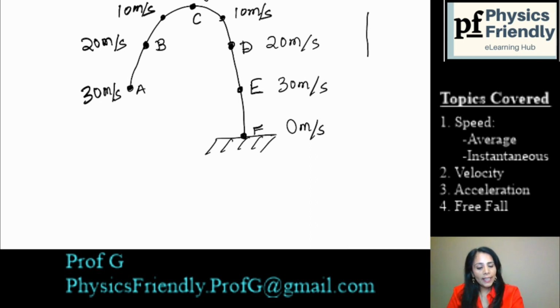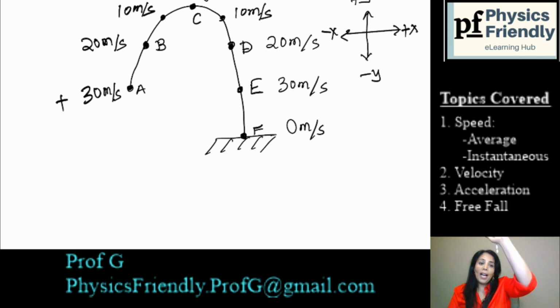Universal understanding: anything which is moving up is moving in positive y direction, right? Negative y, positive x, negative x. That's the universal understanding, and that's what we're going to go with. So that means at point A it's plus 30 meters per second because it's moving up, that means in positive y direction.